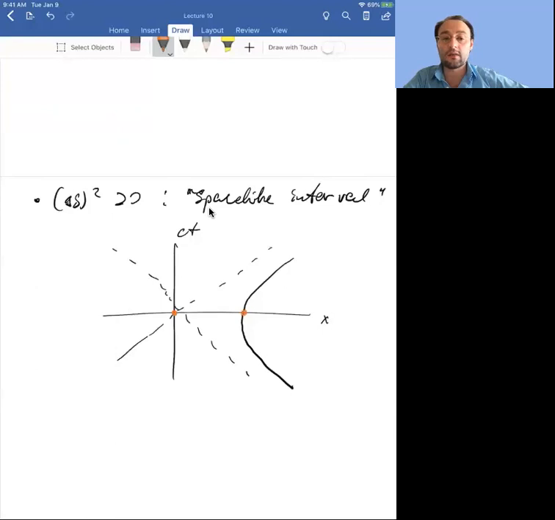A space-like interval, as seen from all these different accessible reference frames, forms a hyperbola with foci on the spatial axis.